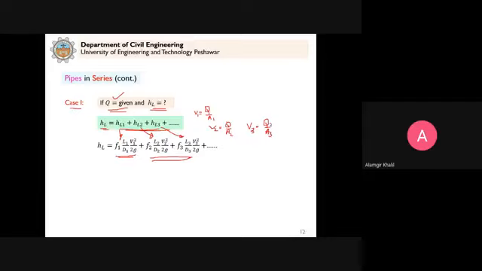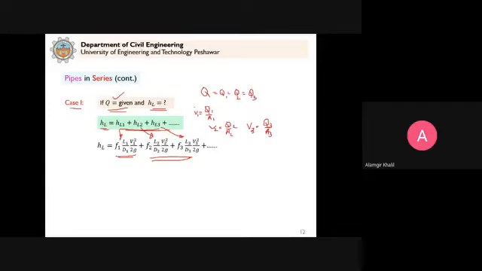So this will actually be Q3, this will be Q2, and this will be Q1. But we already know that your total discharge Q will be equal to Q1, and this will be equal to Q2, as we stated from continuity that the same discharge will occur through all the pipes.